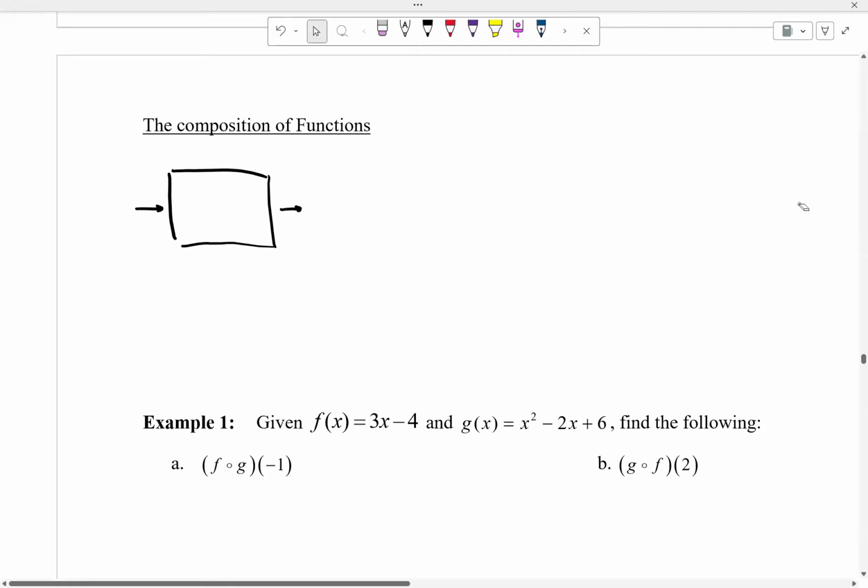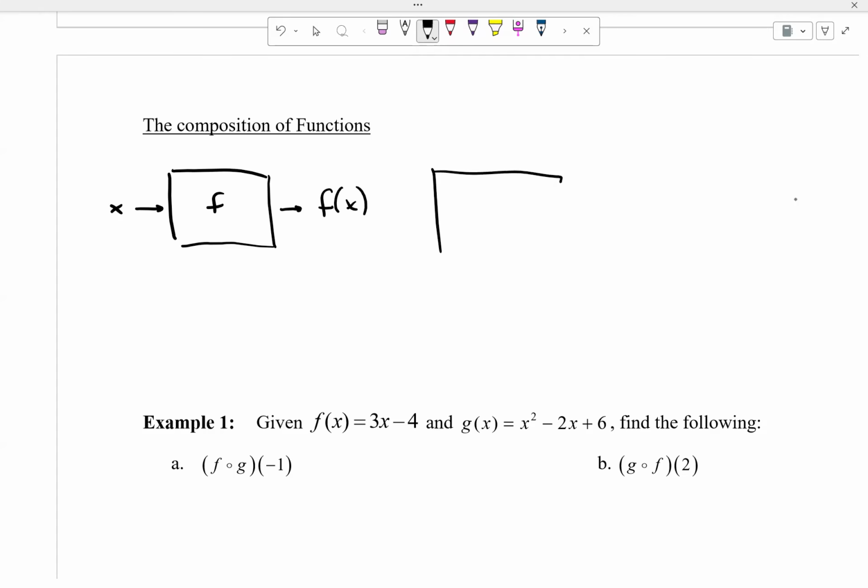But we're not going to put in a particular number. We're going to put in an x. Now, if this function is f, then what comes out is f of x, which is y. The function did something to x. So in a composite function, what we're going to do with that output is put it into another function.